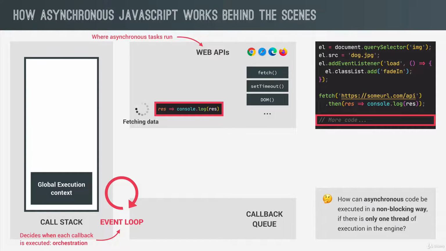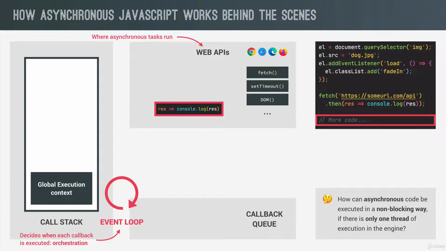So let's say that the data has now finally arrived, and so the fetch is done. Now, callbacks related to promises, like this one that we registered with the promises then method, do actually not go into the callback queue. So again, this callback that we still have here, which is coming from a promise, will not be moved into the callback queue.